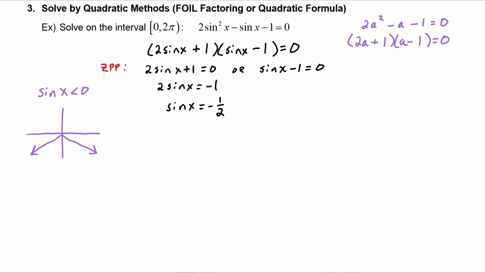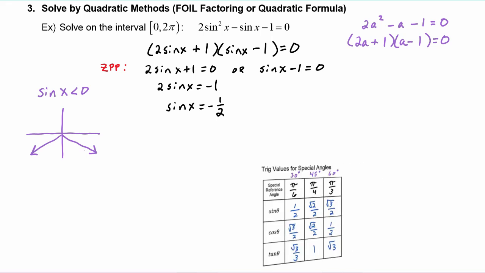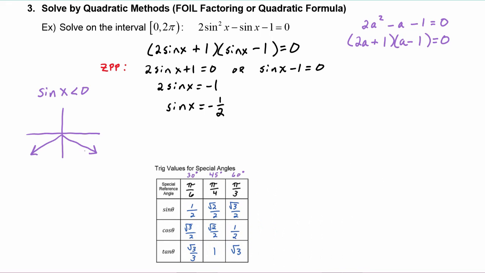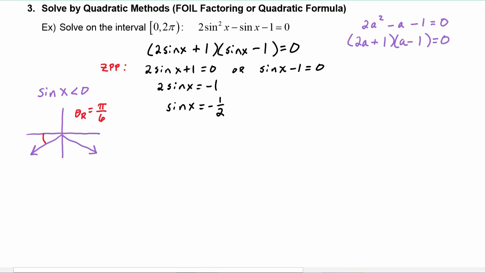Next, we go to our special angle chart, and we look up the row where sine is 1/2, and we see that our reference angle is going to be pi over 6. So we put the reference angle in quadrant 3, which means we would start at pi, add pi over 6, and we're going to end up at 7 pi over 6.